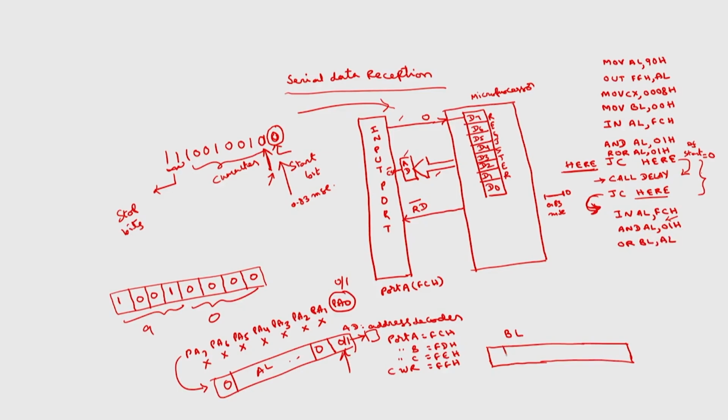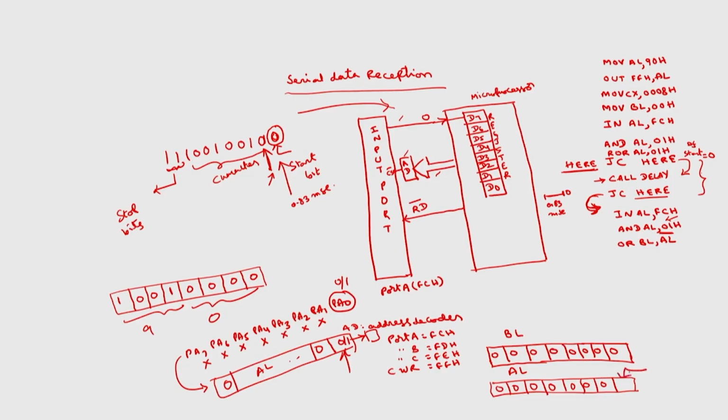In BL initially all bits were 0, 00000000. In AL the remaining bits are all 0 except for the last one, because I have done the ANDing operation with 01H. So, the first 7 bits become 0.